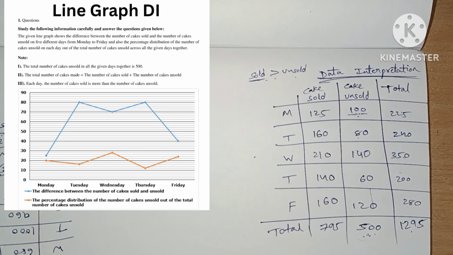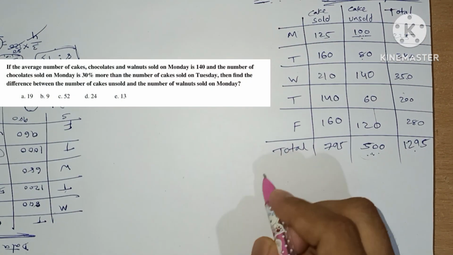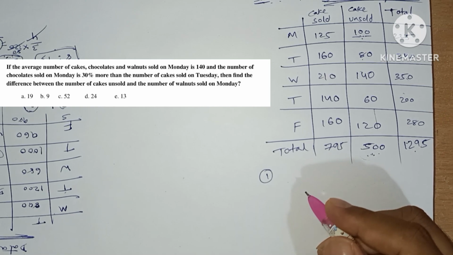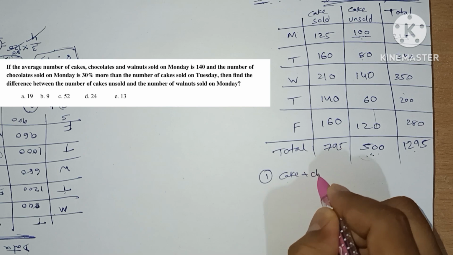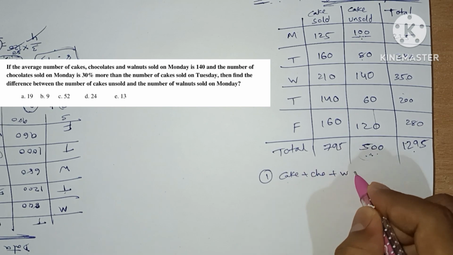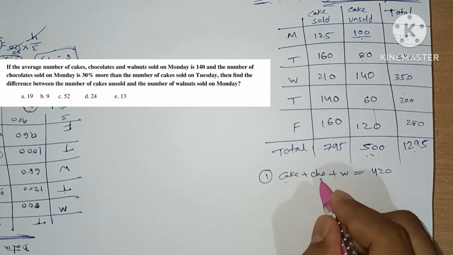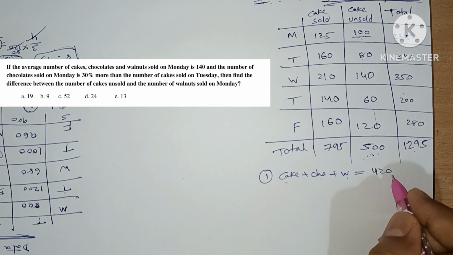Let's see the first question. The first question says that the average number of chocolate and walnut cakes is 140, so 140 times 3 will be 420. This is the total value of cakes, chocolates and walnuts sold on Monday.